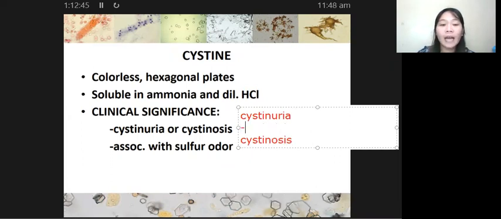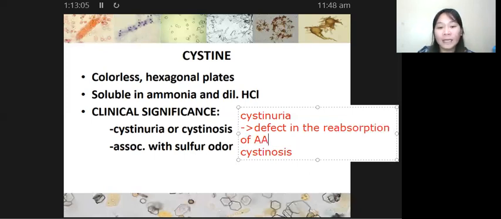When we say cystinuria, cysteine appears in the urine because there is something wrong with the reabsorption of your amino acids. It is a defect in the reabsorption of amino acids.